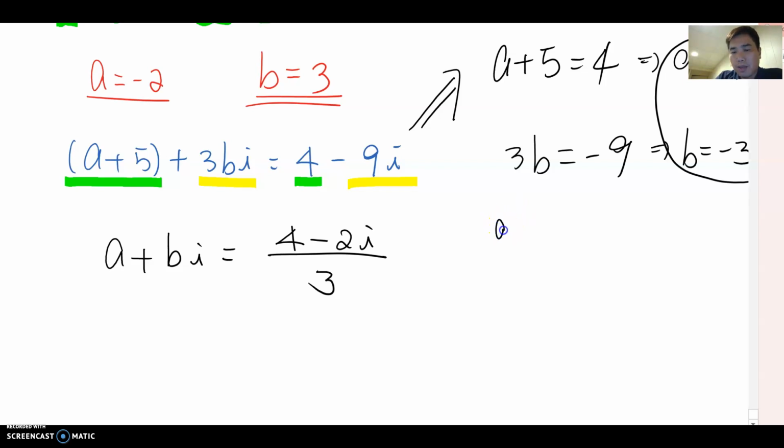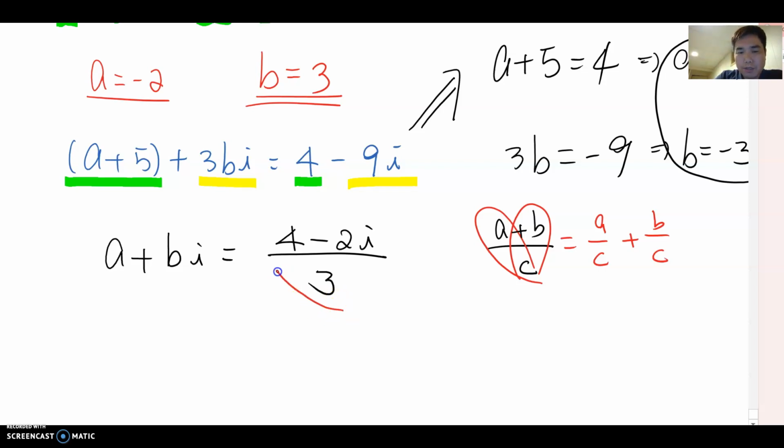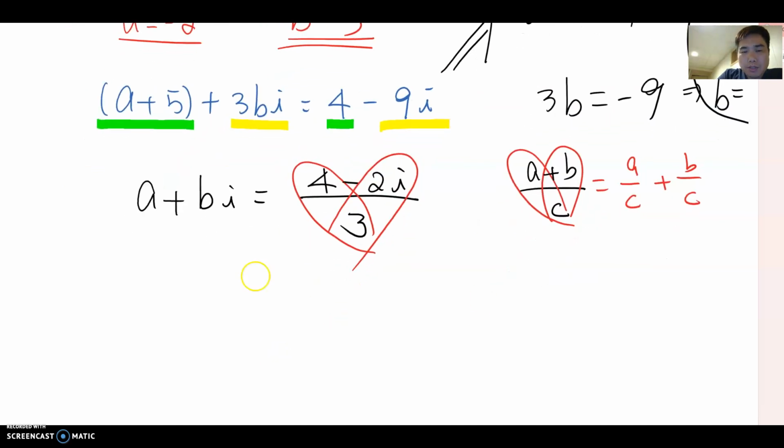The heart rule means a plus b over c, then we make a heart and break them, so this becomes a over c plus b over c. Using this heart rule, we can make 4 over 3 and minus 2i over 3. So this becomes 4 over 3 minus 2 over 3i.